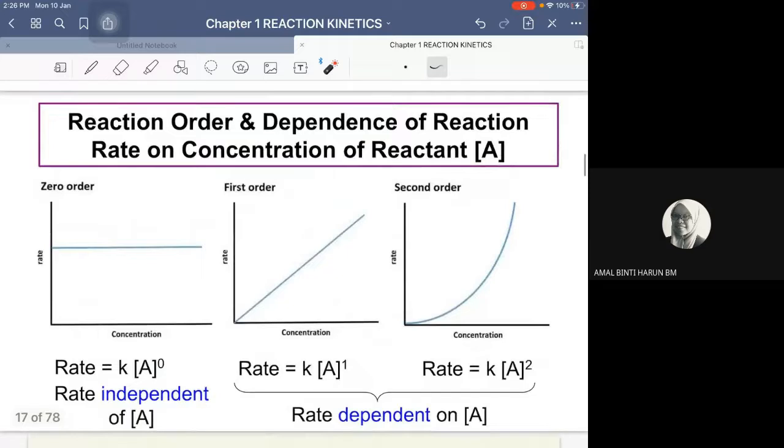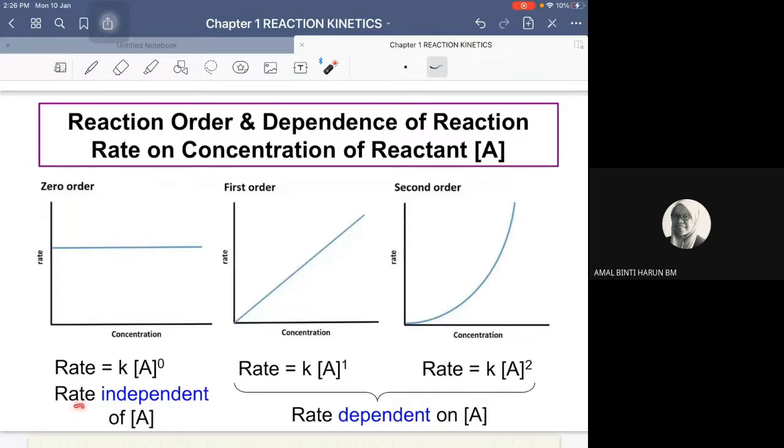Okay. So finally kita boleh simplify dia macam ni. Kalau dia zero order, bila kita increase concentration, rate dia sama aja. Padahal concentration ni meningkat. Ini 1 molar, 2 molar, 3 molar, 10 molar. Increase concentration tapi rate kekal sama.